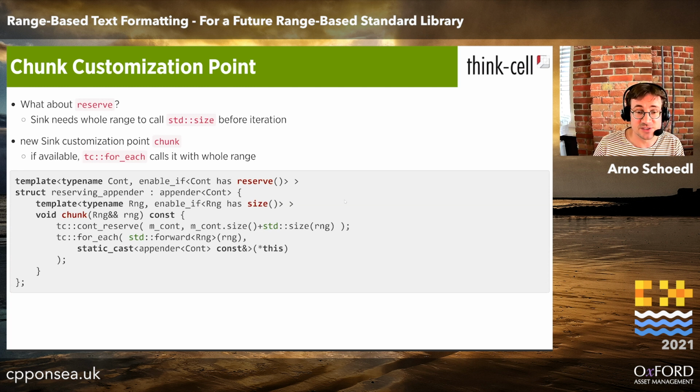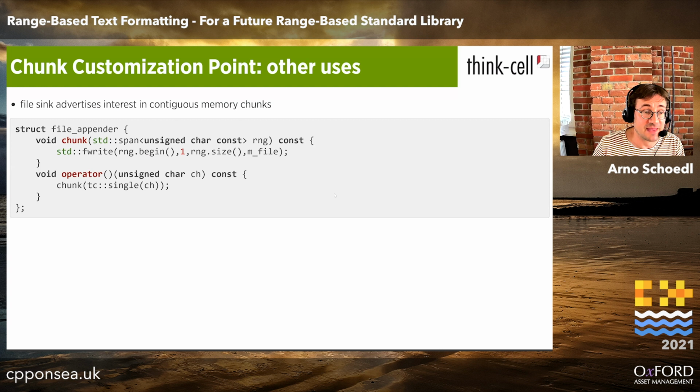And now it can do whatever it wants. It can find out, does my range have a size? And then I'm reserving whatever memory I need. Then I can basically call the original for each, but I know now that I already have enough memory reserved. File sinks are another place where we could use that customization point chunk.